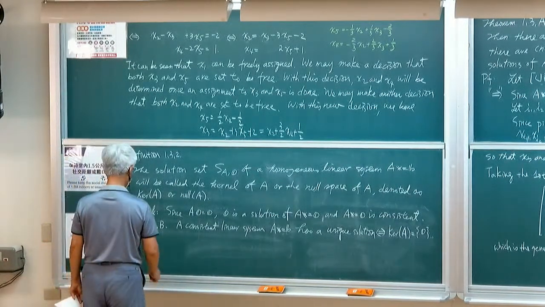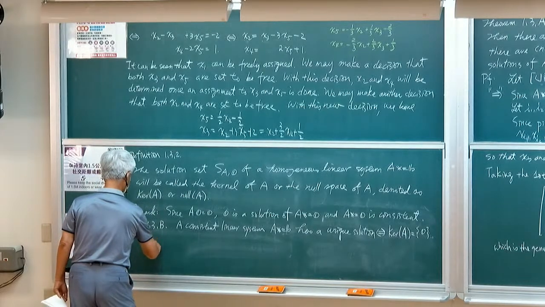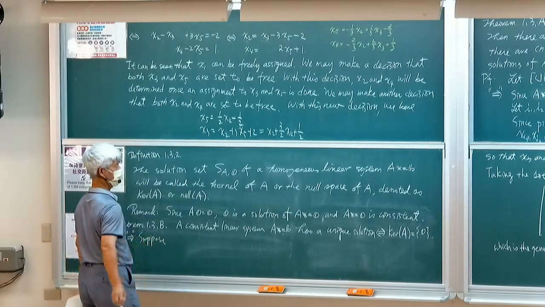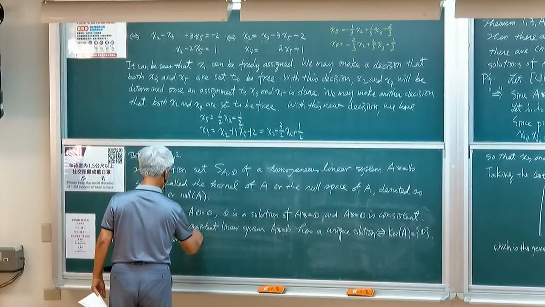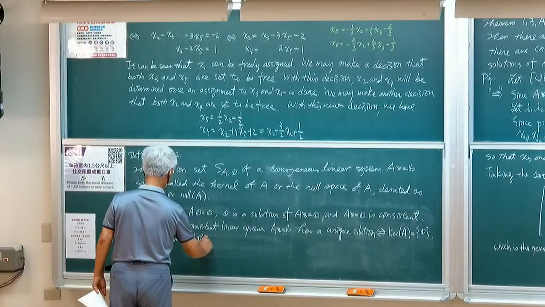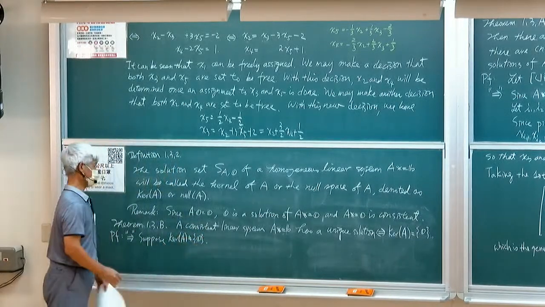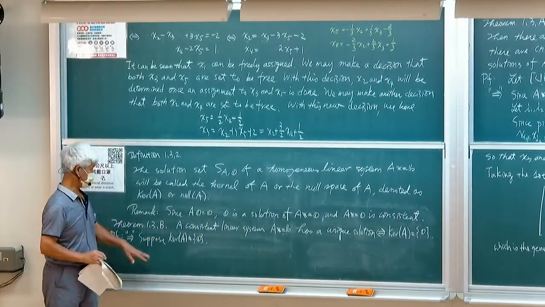All right? So suppose the kernel of A is not equal to 0. Okay? Suppose. We use contradiction, right?